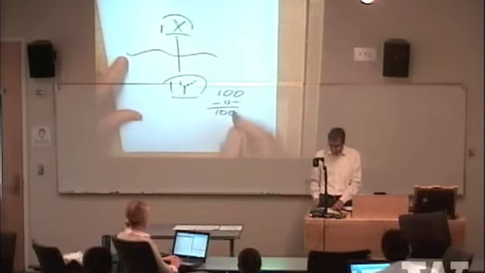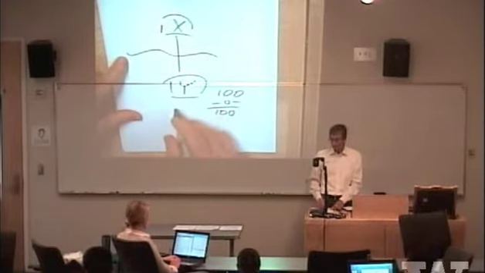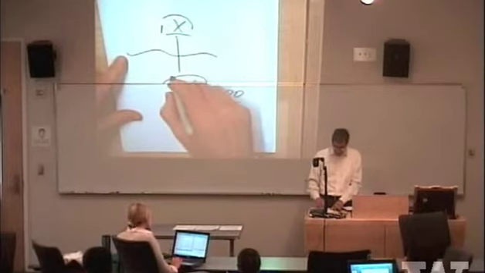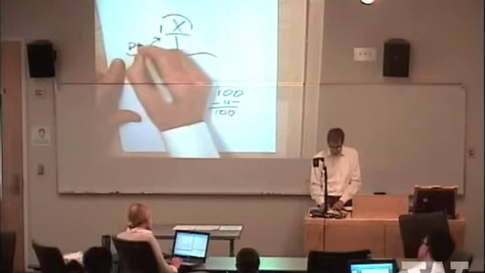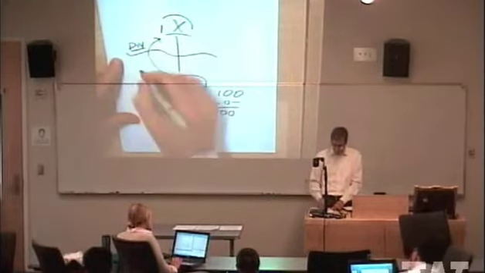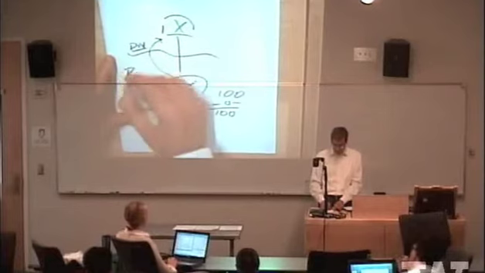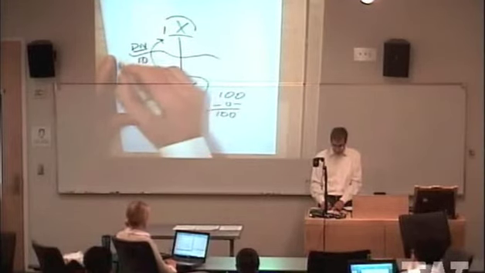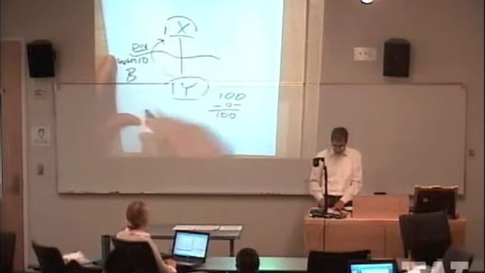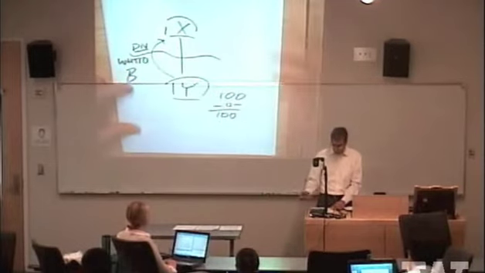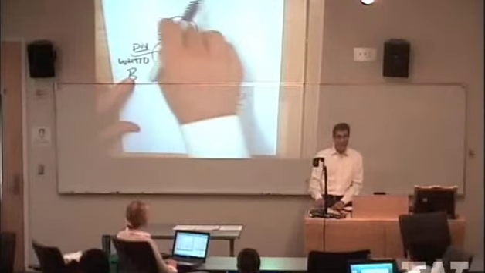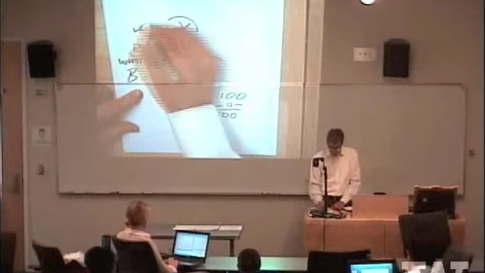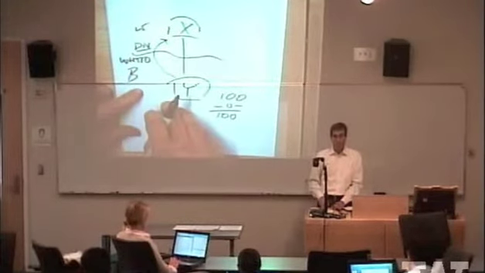But they leave the 100 down in Y because they know that, number one, if they were to pay a dividend, let's say there would be a withholding tax in country B of 10, and let's say there would be another 25 of tax up here upon receipt of the dividend.